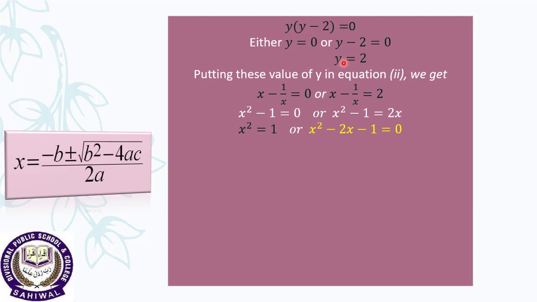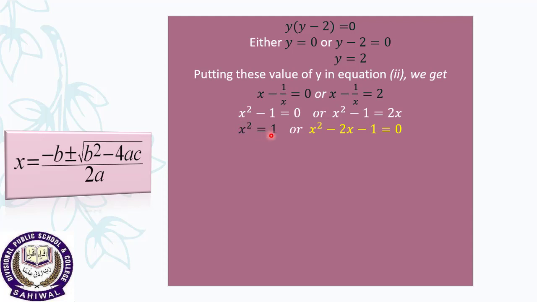Putting these two values, y is equal to 0 and y is equal to 2, in equation 2 we get x minus 1 over x is equal to 0 or x minus 1 over x is equal to 2. Solving these two equations, we get x square minus 1 equal to 0 or x square minus 1 equal to 2x.